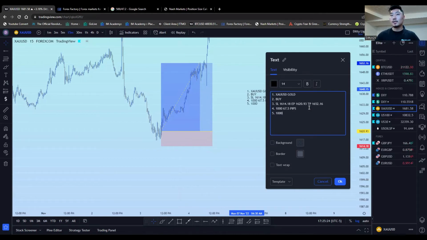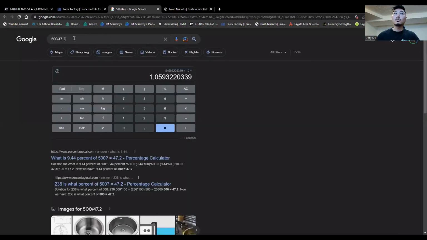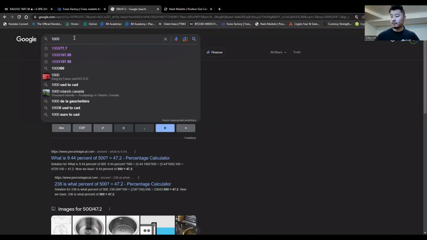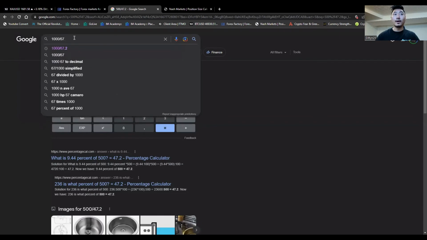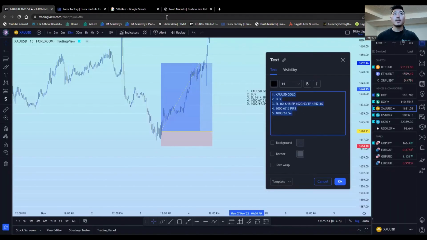So what I'm going to do is 1,000. That is 1% of your account that you're risking, divided by 67.5, which will give me the amount of dollar per pip that I'm risking. So let's do it together. 1,000 divided by 67.5.